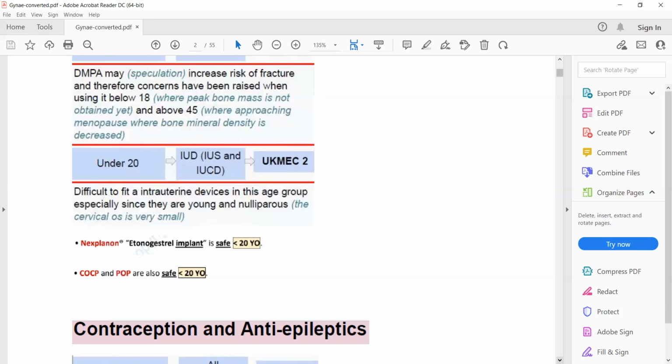So it is not a good option if the patient wants to get pregnant within 6 months or after 6 months. If the patient wants to get pregnant or is looking for contraception for 6 months only, then the only option we have is COCP or POP.